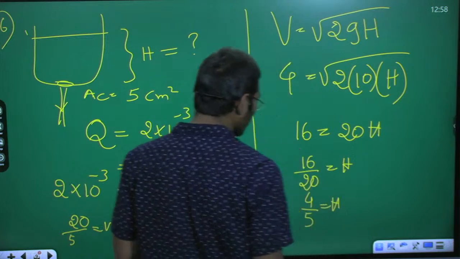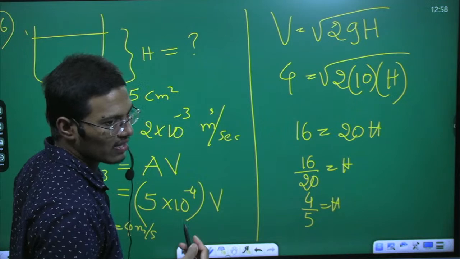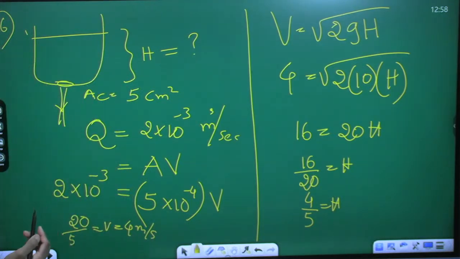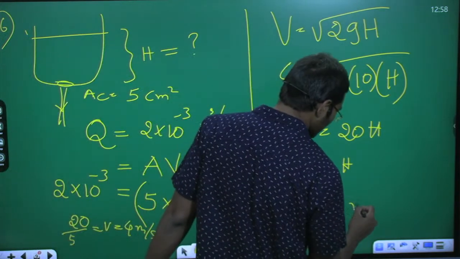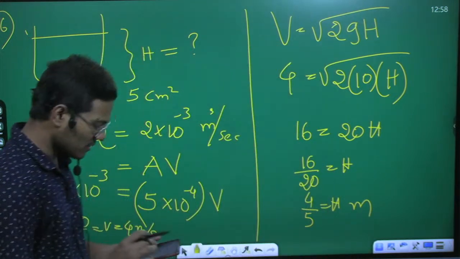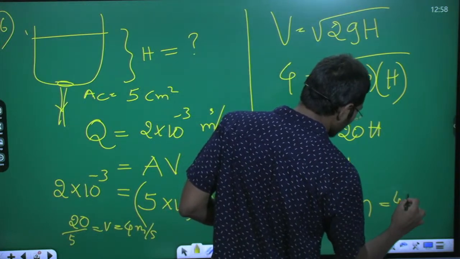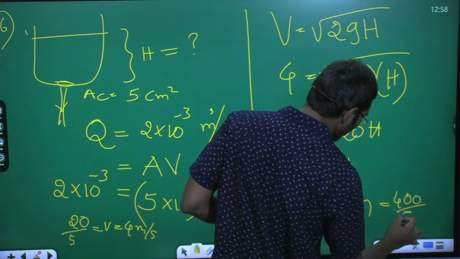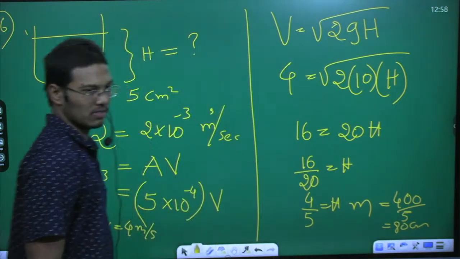So do we have 4 by 5 in options? No. Why? Then where did we go wrong? See, we have done almost everything right. Here we got the answer in meters. Convert it into centimeters. Here the options are in centimeters. So 4 into 100 by 5, 80 centimeters, right?